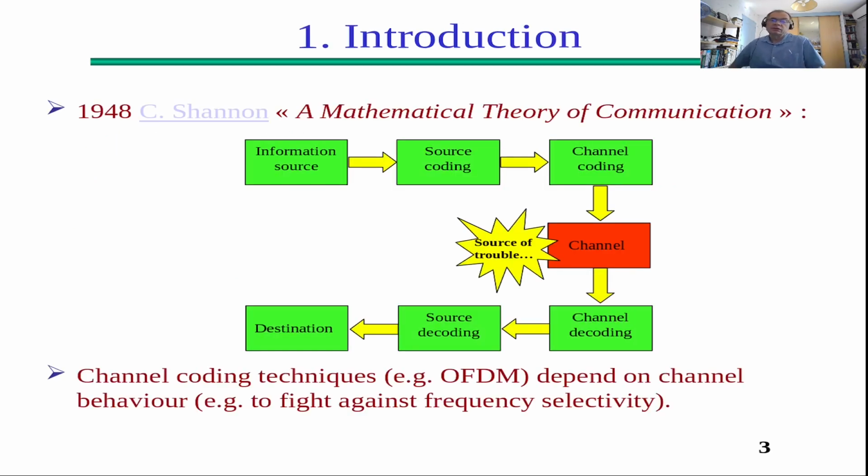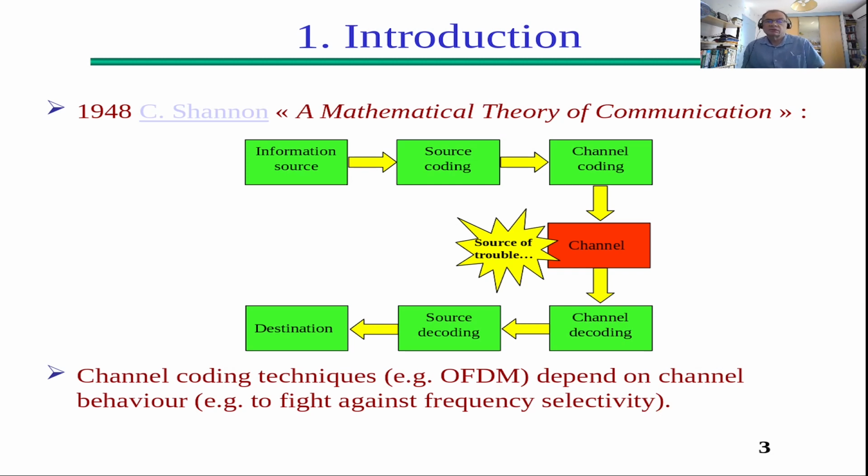Here you see a classical digital communication system as defined by Shannon in his landmark paper in 1948, where an information source transmits digital data over a channel which adds errors to a destination. In fact, to avoid these errors, you need to use channel coding techniques, and these depend really on the physical channel behavior.